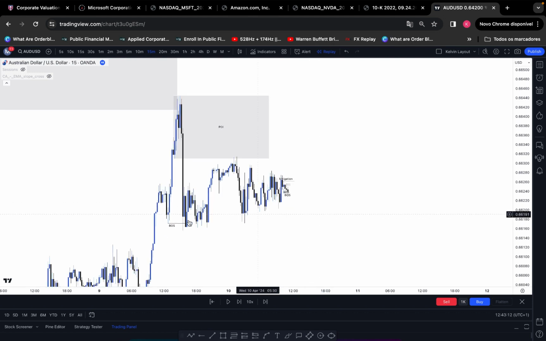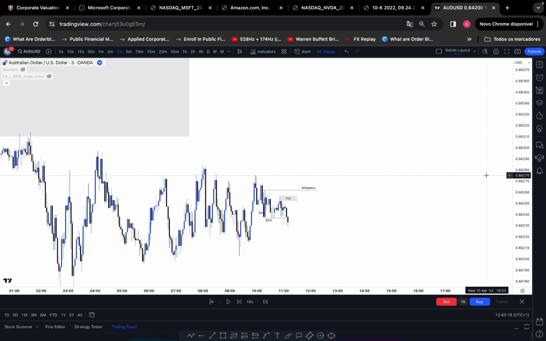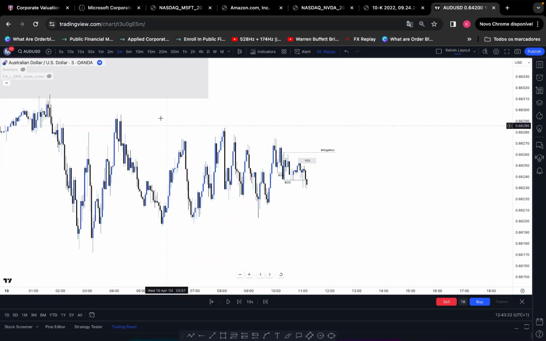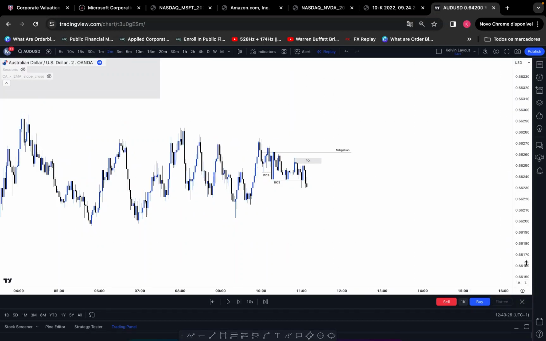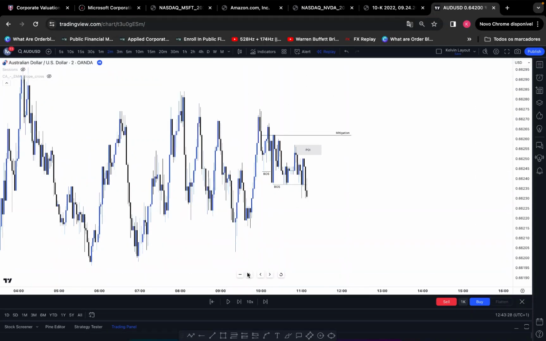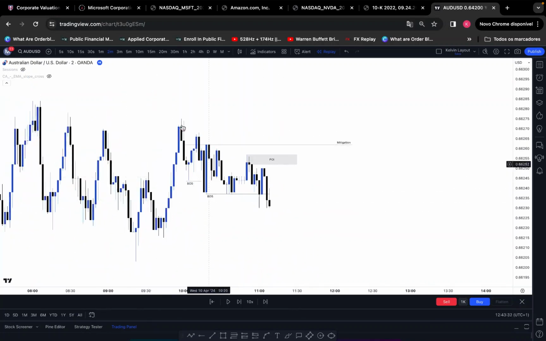So once price came to my M15 supply zone, what I did, I dropped down to M3 time frame, right? So when I came to the charts, price was already somewhere here. So let me go down to 2 minutes time frame. I think the 2 minutes was much clearer. So when I came to the charts, this is what I saw, right? I wanted to see that shift.